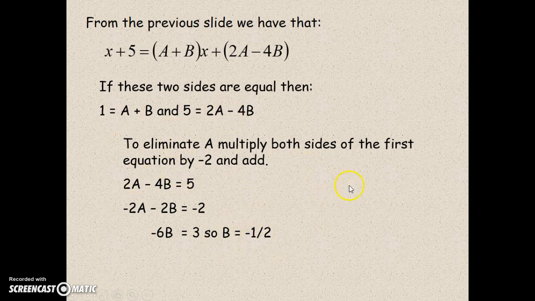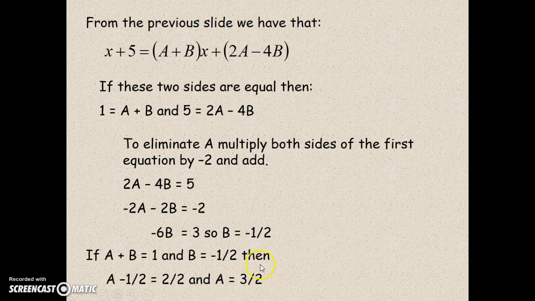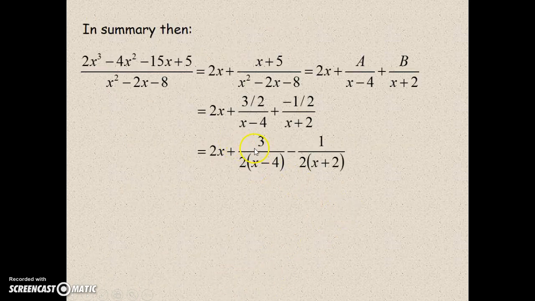Then we can substitute into either one of those equations and find the value of a. So a is 3/2. So when we substitute that back in, a is 3 over 2, and b is negative 1/2. So here is the decomposed fraction of this improper fraction that we started with.